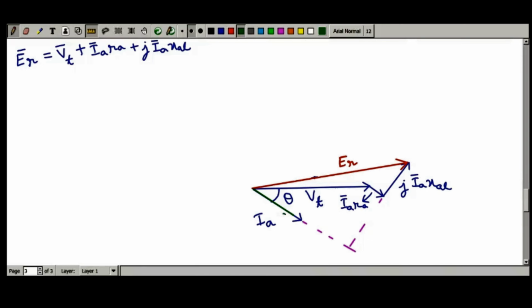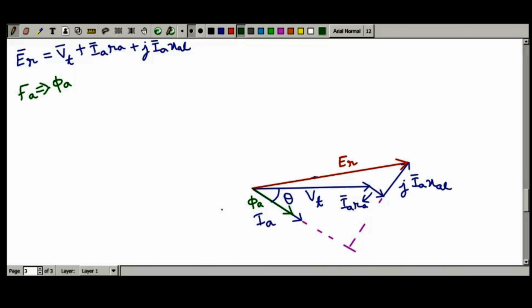So you have armature flux phi A established due to armature MMF FA, isn't it? So this is my phi A.